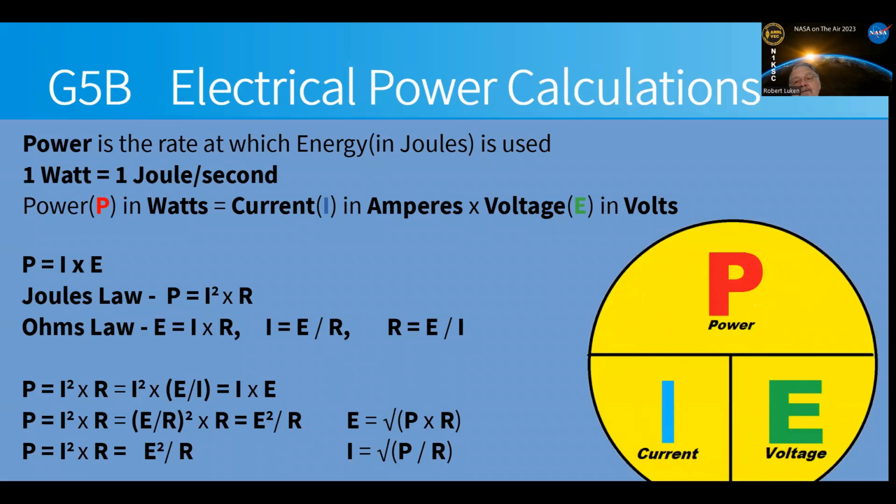So if I wanted to find power, I cover up the P and it would tell me that it's going to be the product of the current times the voltage. If I wanted to find the current, it's going to be the power divided by the voltage. And if I wanted to find the voltage, it's power divided by the current. A lot of people find that easier to remember.